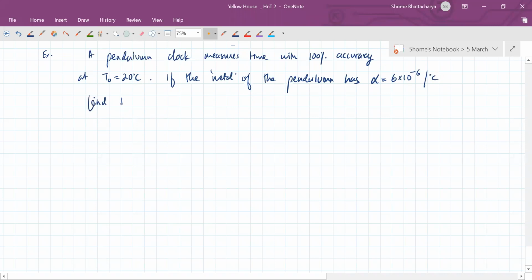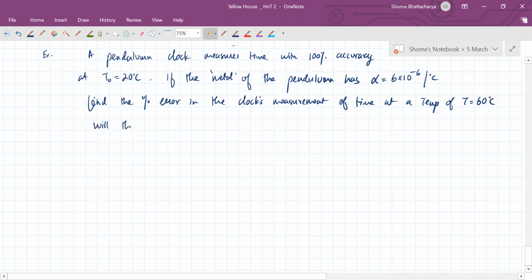find the percentage error in the clock's measurement of time at a temperature of, let's say, 60 degrees C. And will the clock be losing time or gaining time?